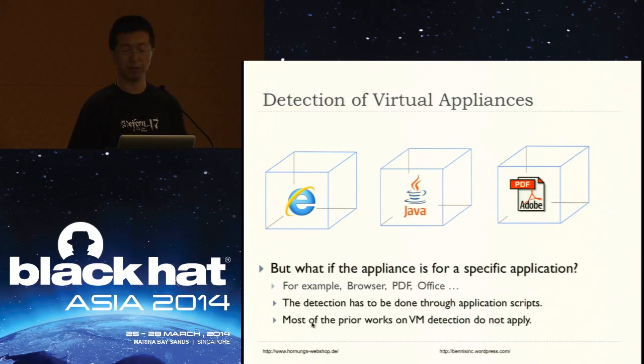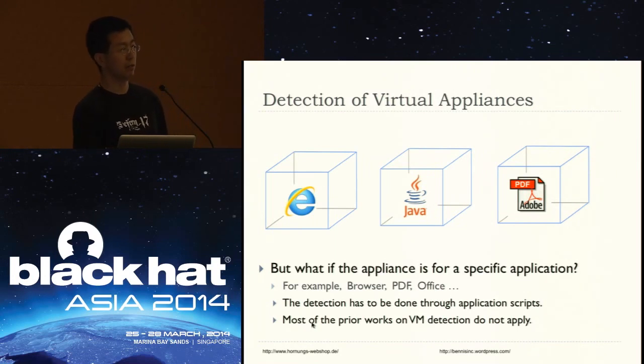Like, for example, the first one only runs IE. It doesn't run any other application. In order to run any detection, you would have to give it some web script to run. Or you might also have a virtual appliance that only runs a JVM, so you can only give it a Java program or maybe an applet and so on, PDF.